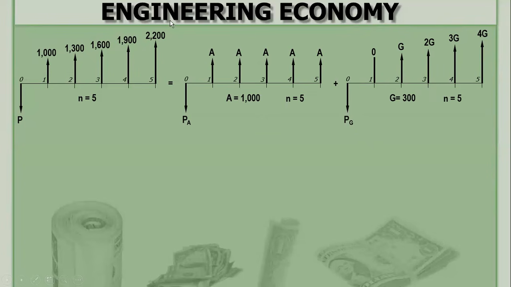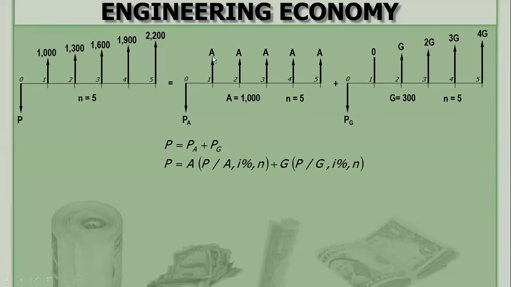So based on this diagram, we can say that P, the present worth of this cash flow, is equal to P sub A plus P sub G. So in symbol, we have this one.